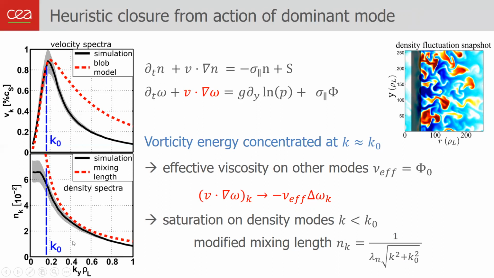Now for density, well, it's still a bit more sort of heuristic in the sense that we introduced also a sort of saturation at mode K0 that we could maybe link to this effective viscosity mode. So we created a modified mixing length, okay, adding here a saturation at K0.